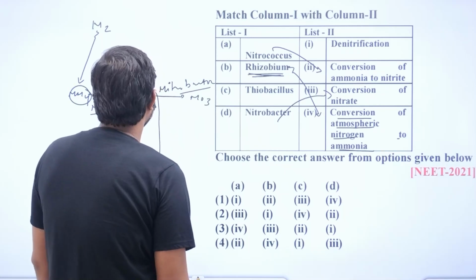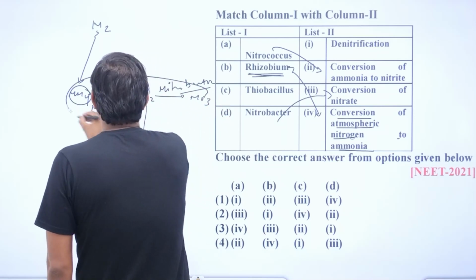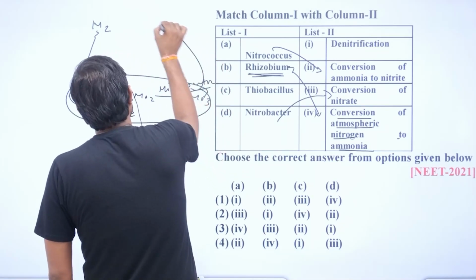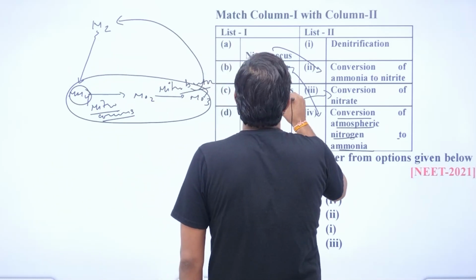And Thiobacillus is related to denitrification. Nitrate ions convert to nitrogen, denitrification.